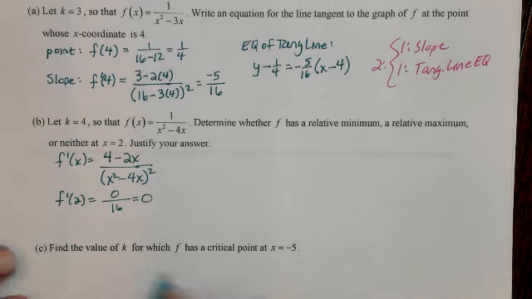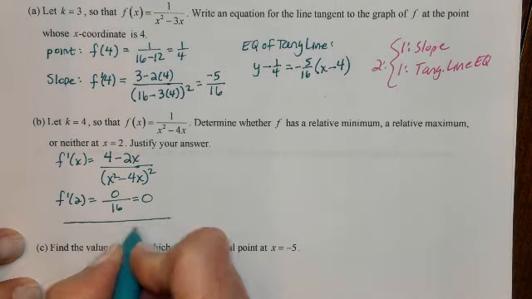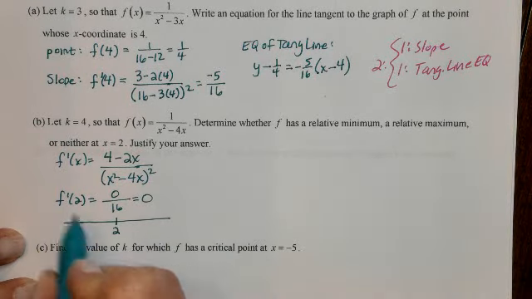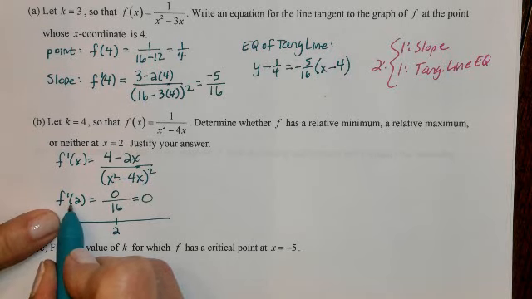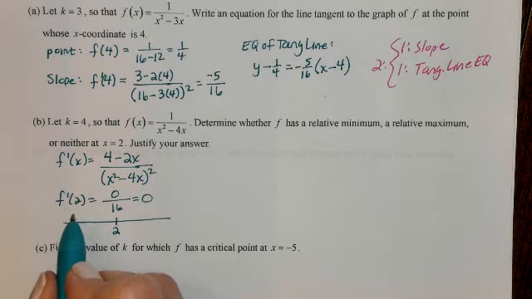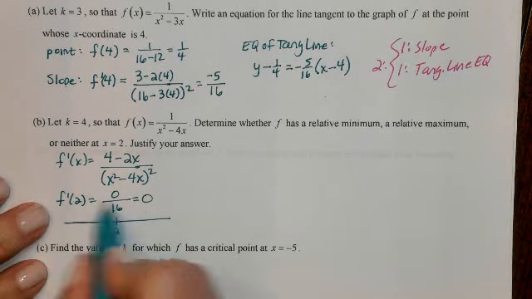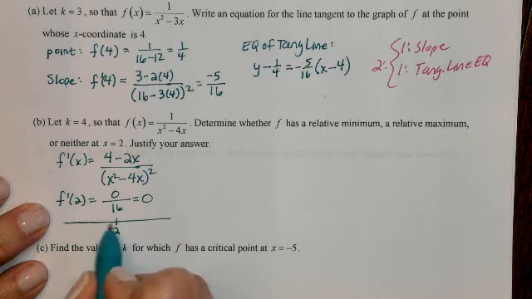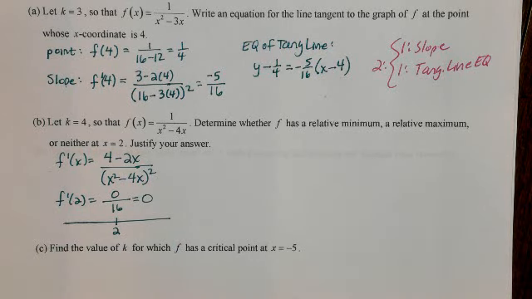I think I might just do a first derivative test here, and let's check 2. We found that f prime, its slope is 0 here, so let's check on either side of this.